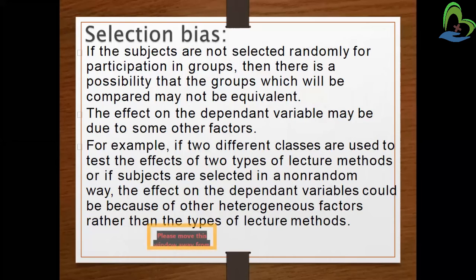For example, if two different classes are used to test the effect of two types of lecture methods, and the subjects are selected in a non-random way, the effect on the dependent variable could be because of other heterogeneous factors rather than the types of lecture methods. So it can vary if the subjects are not selected randomly for participation in the group.